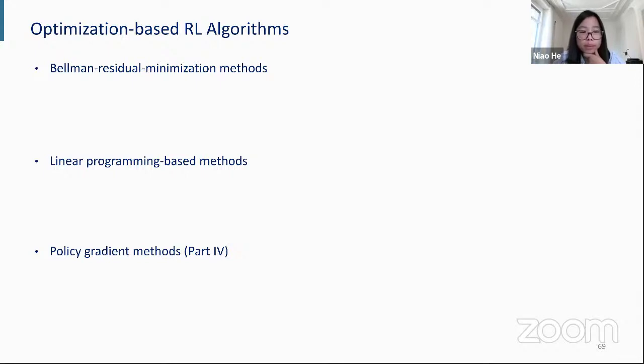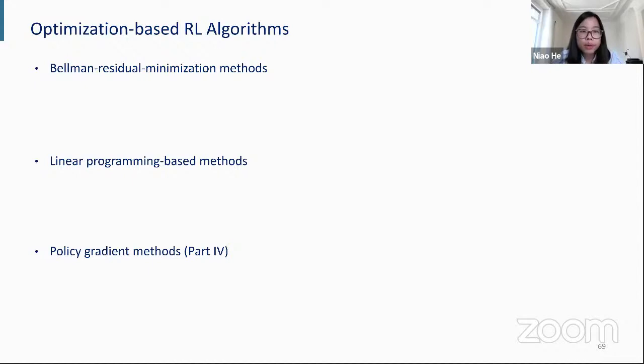It's some semi-gradient that's not capturing the true gradient. Here, by optimization-based reinforcement learning algorithms, I'm really referring to problems where you pose an explicit, static optimization problem, and you try to solve it with gradient methods or first-order methods.